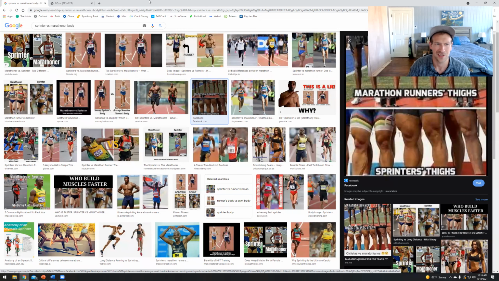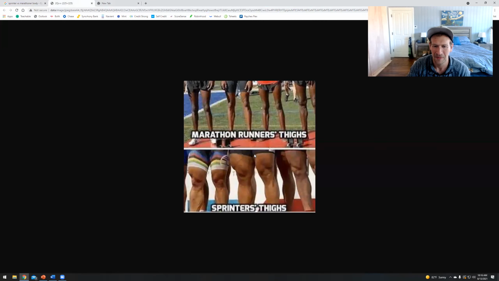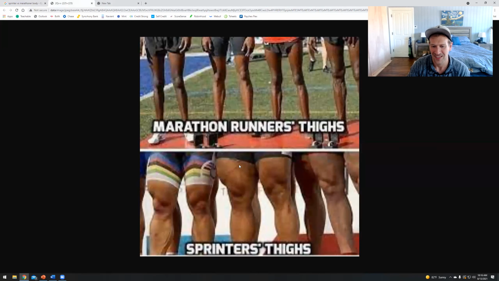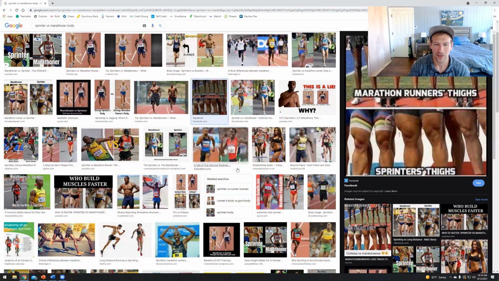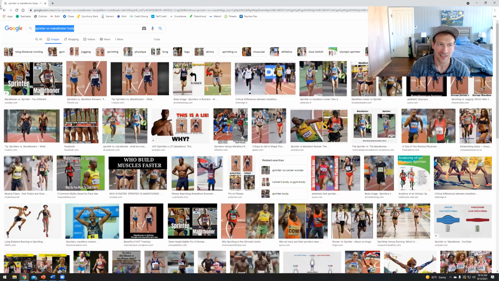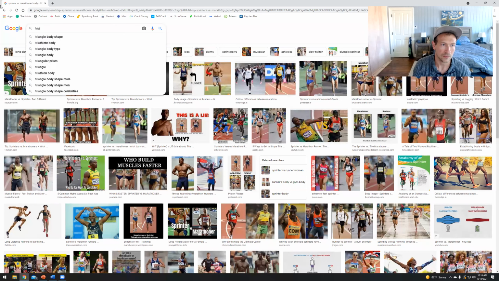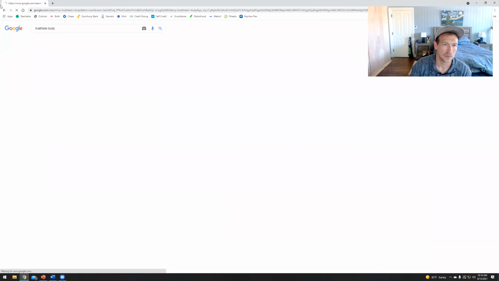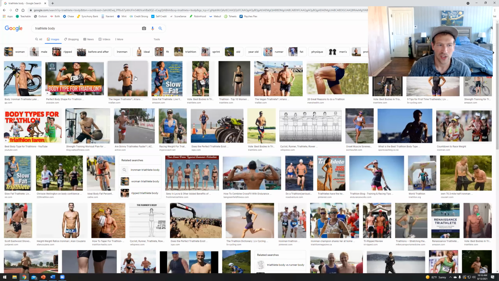Here we go. This is great. What a good photo. Marathoners' thighs versus sprinters' thighs. It looks like a bodybuilder. Or you look at the difference between triathletes.